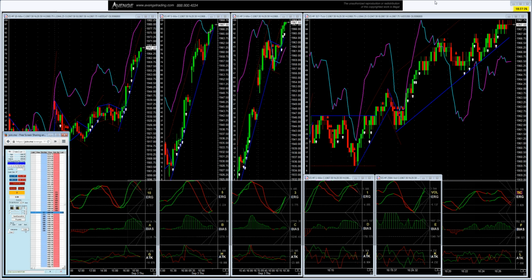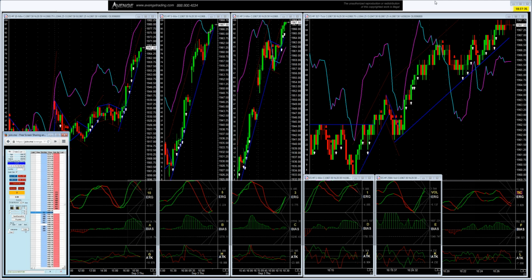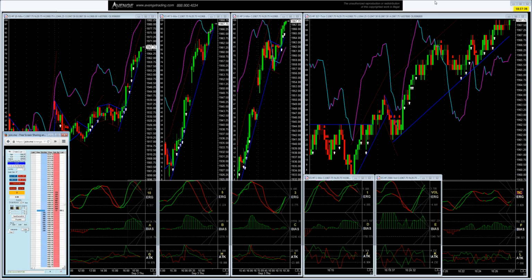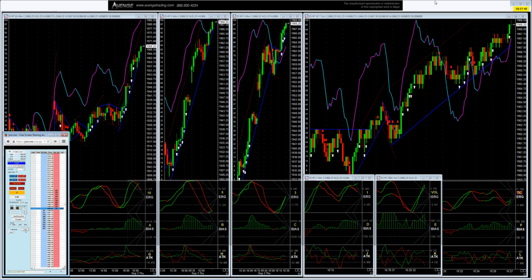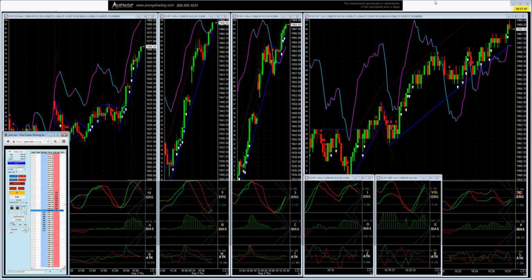Backing in and out with that E. So volume E spiking. Again, that F is the one thing that's trailing behind here.